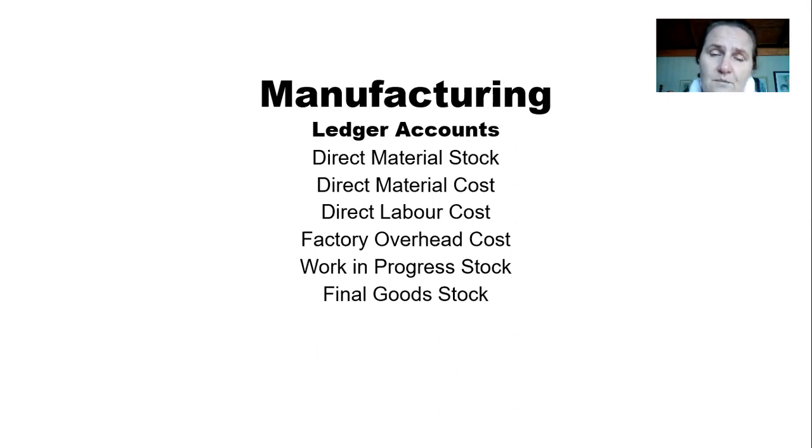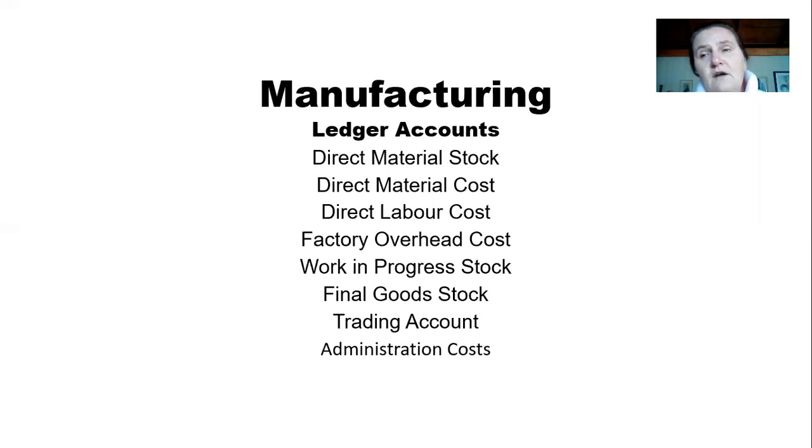So we're going to open with last month's, add this month's stock, that then is the finished goods that we produced. We're going to subtract the closing ones, and that's going to give me the cost of sales, which is going to go to the trading account. From the trading account, we're going to close the trading account off to profit and loss. Profit and loss for a manufacturer looks different to a normal profit and loss.